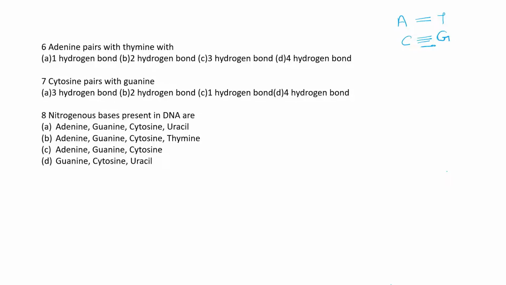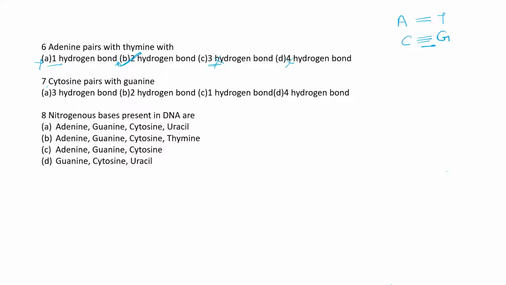So 1 hydrogen bond is not possible. 2 seems correct, but let's see the others. 3 hydrogen bonds, not possible, and 4 hydrogen bonds is also not possible. So the correct option is 2 hydrogen bonds.